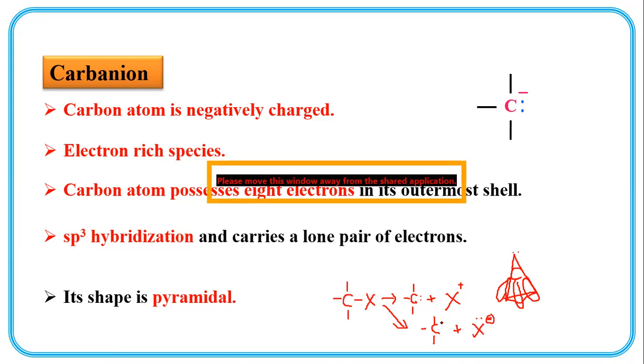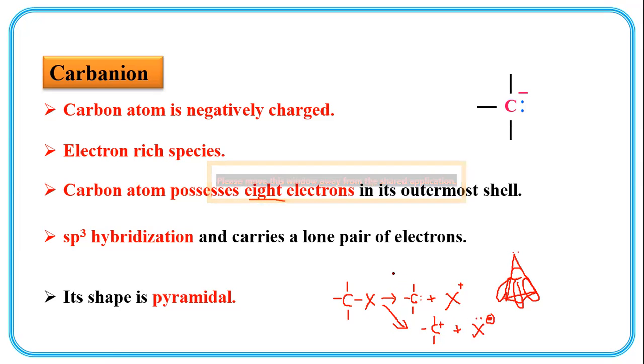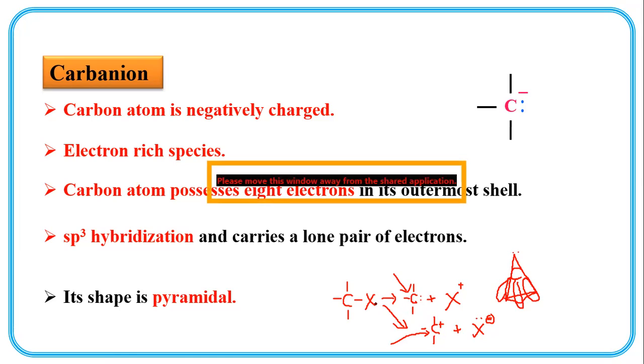Negative charge on X, and carbon will acquire positive charge. So this is carbanion and this is carbocation. So they both form by heterolysis.